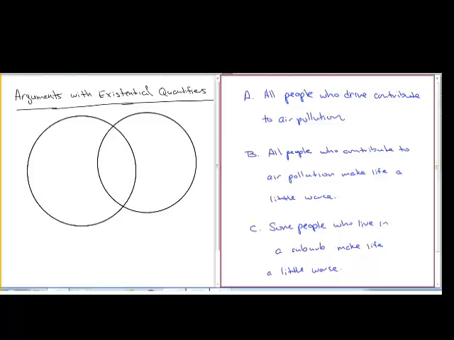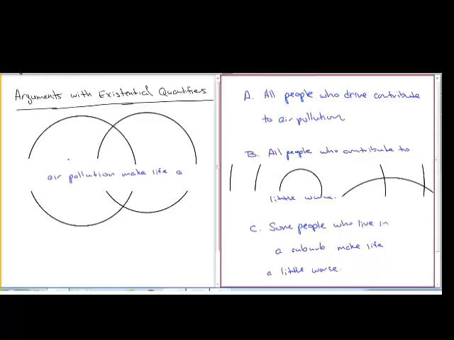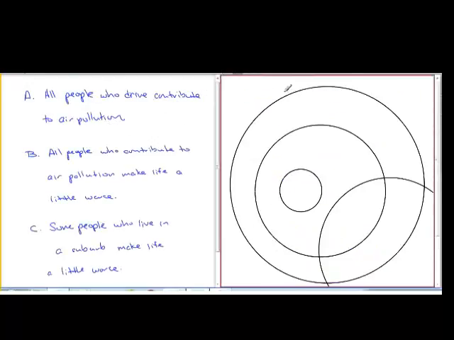Here's an example: all people who drive contribute to air pollution. It's on the next page. So this would be people who contribute to air pollution, and this is people who drive.